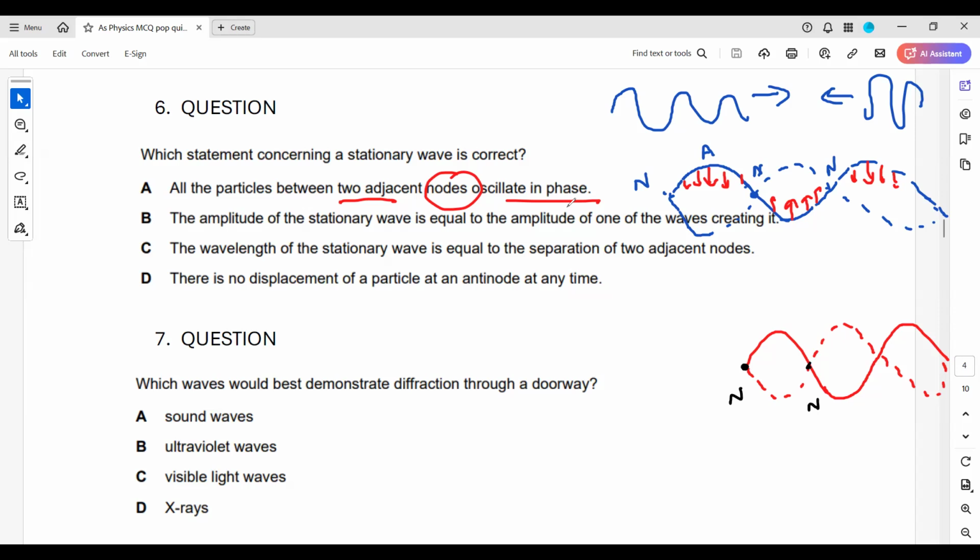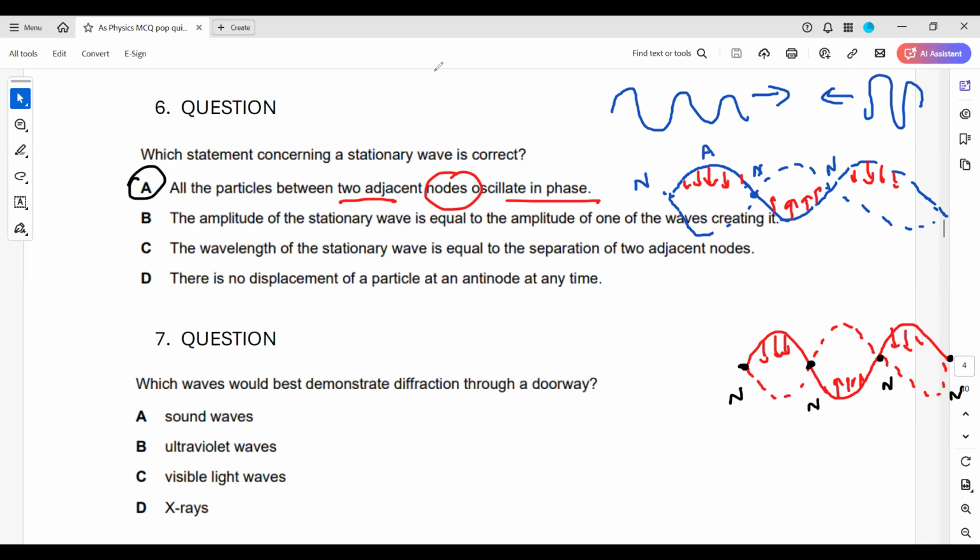That is true, because all these particles are going down, others move up, then all will move down. If I take the first and second node, all particles are going down. If I take the second and third node, all particles are going up. If I take the third and fourth node, all particles are going down. So between adjacent nodes, all the particles are in phase. That's why it matches option A.